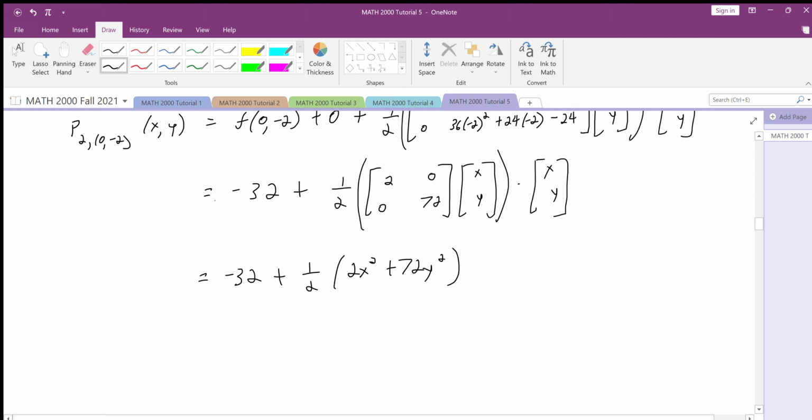Simplify that: minus 32 plus x squared plus 36y squared. So this leads us to the end of question 1b. What I've computed for you there is a second order Taylor approximation at each critical point (a, b). And that's it for 1b.